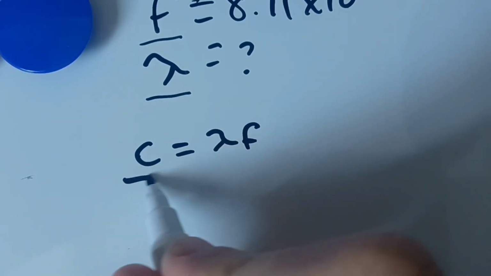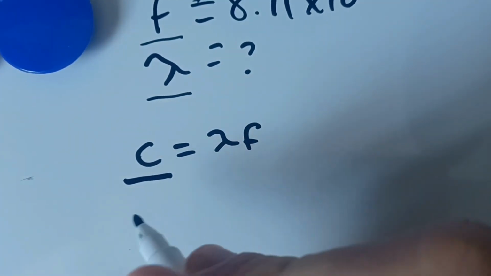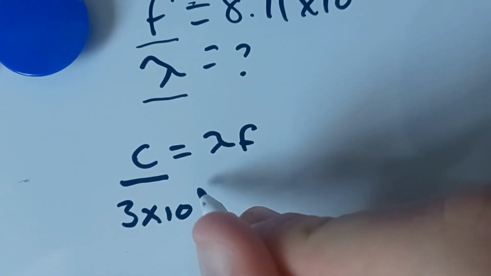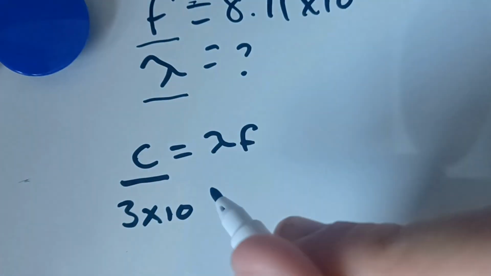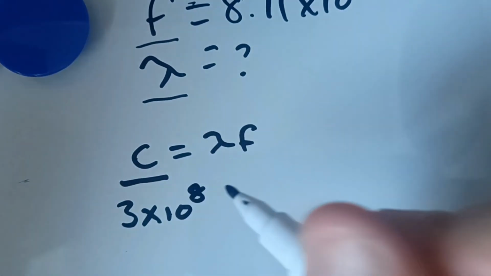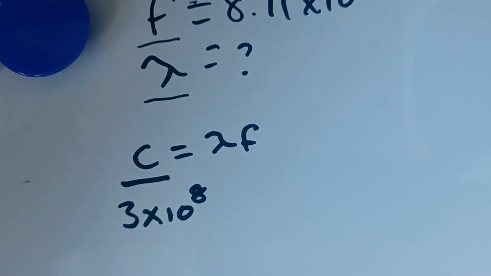So, subbing it in, C is the speed of light, or the speed of a wave, which comes to 3 times 10 to the 8, also given on the periodic table of elements and data sheet.